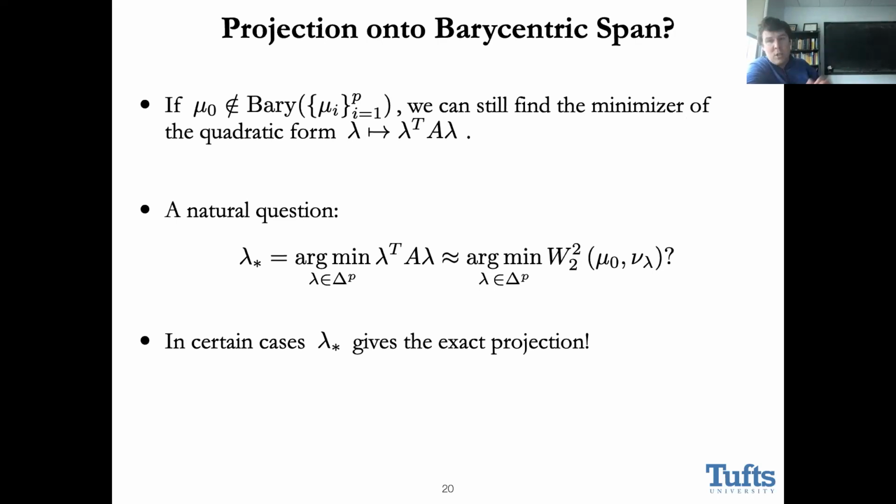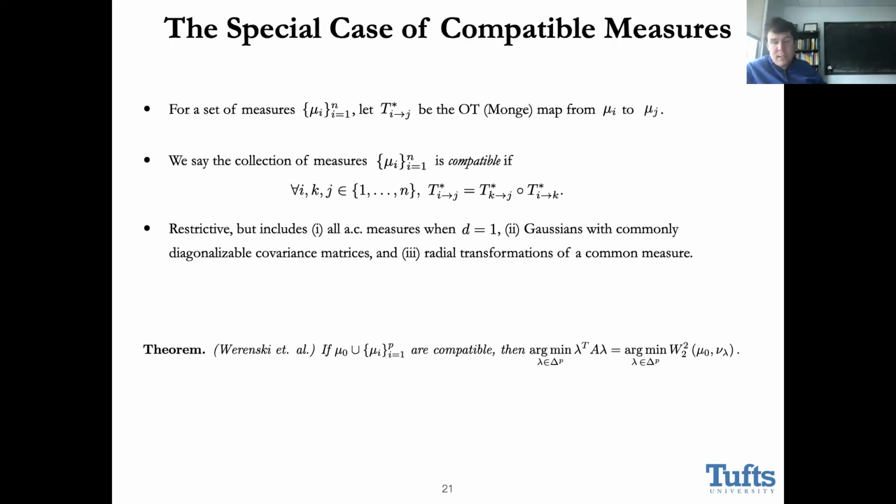What happens if I'm not on the actual barycentric span? Can I still solve this quadratic program on the left, which I can always write out? This just requires me to compute the optimal transport maps between the reference measures and my target measure. Is that ever, in general, close to the true projected point? The answer is no, but in some special cases it is.